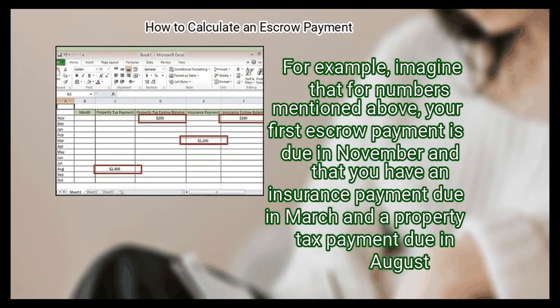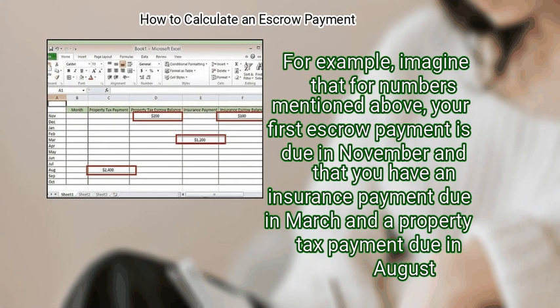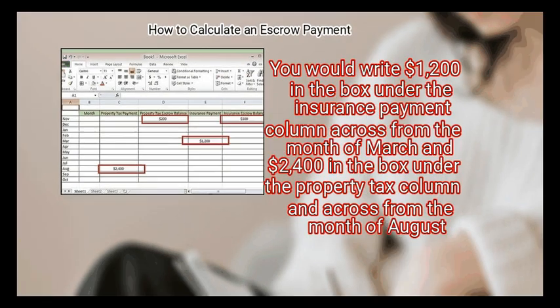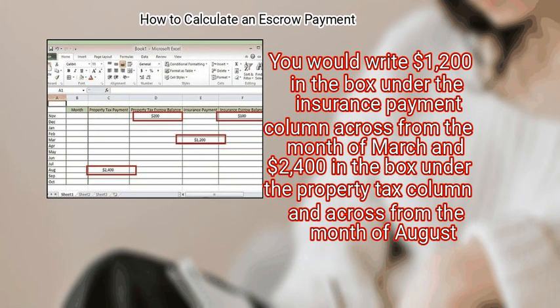For example, imagine that for numbers mentioned above, your first escrow payment is due in November and that you have an insurance payment due in March and a property tax payment due in August. You would write $1,200 in the box under the insurance payment column across from the month of March, and $2,400 in the box under the property tax column and across from the month of August.